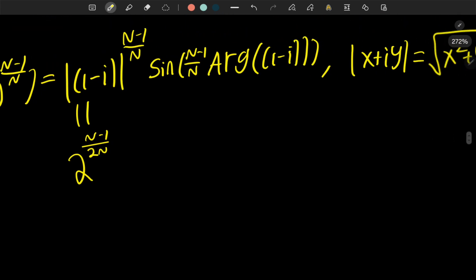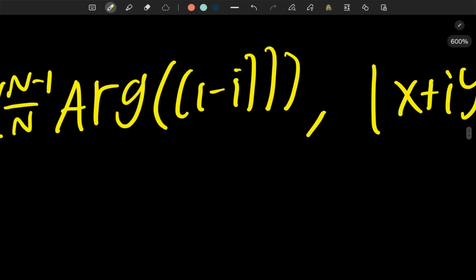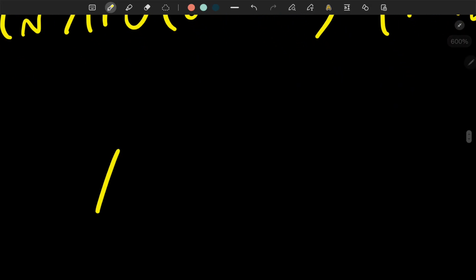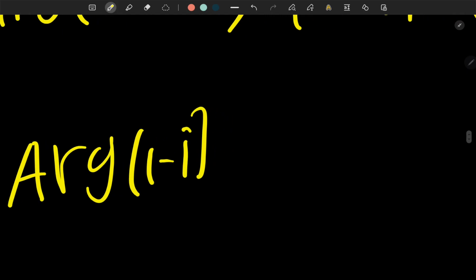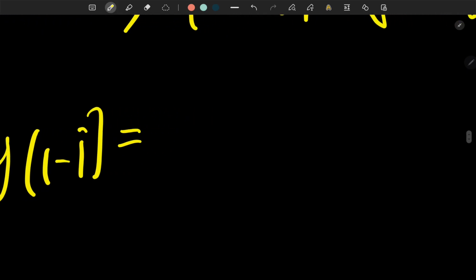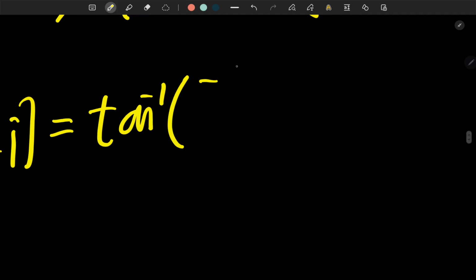Okay, that's very nice. And the argument, I'm so sorry, I'm getting ahead of myself, of 1 minus i is just equal to the inverse tangent of negative 1 over 1, which would just be negative 1.